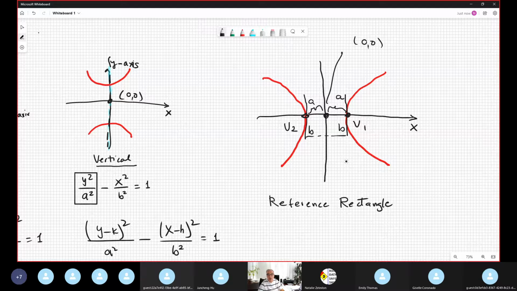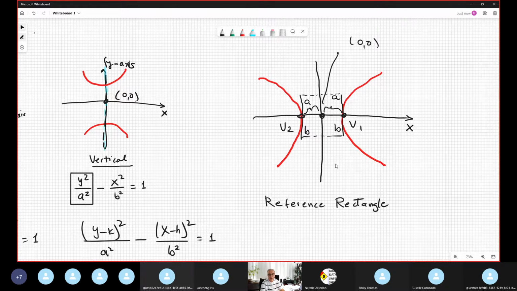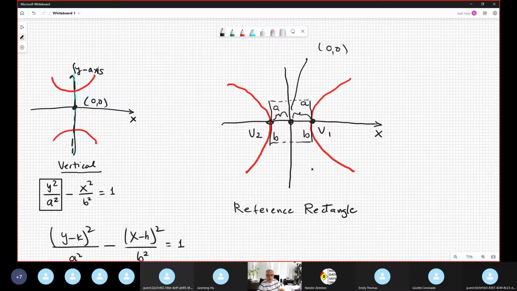And we have the famous reference rectangle. In the application that I have, immediately when you select it, it draws the reference rectangle. Now, if you connect the corners of this reference rectangle through the center, you have one dotted line here, another dotted line here.